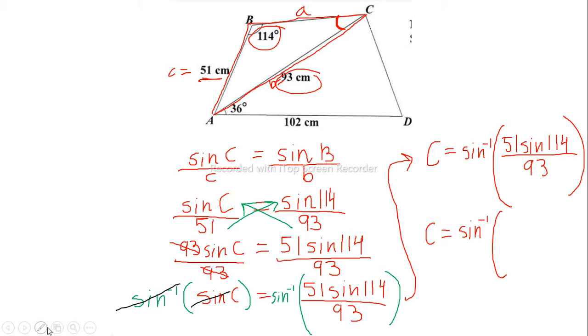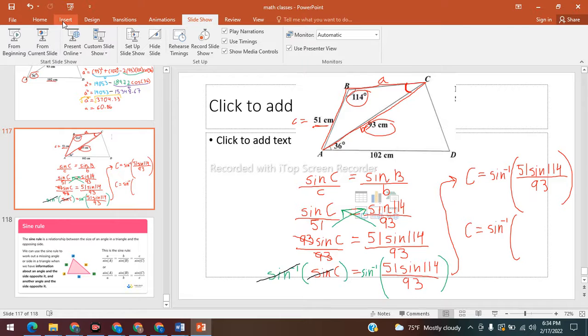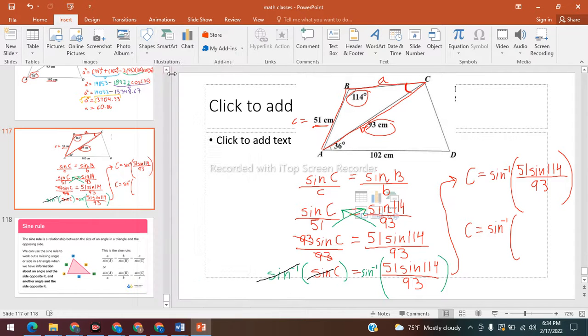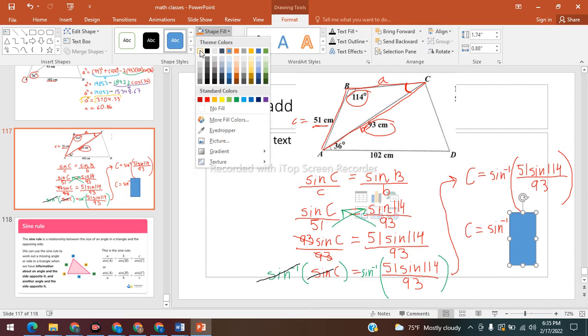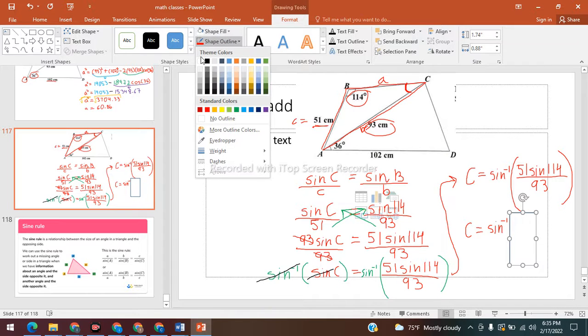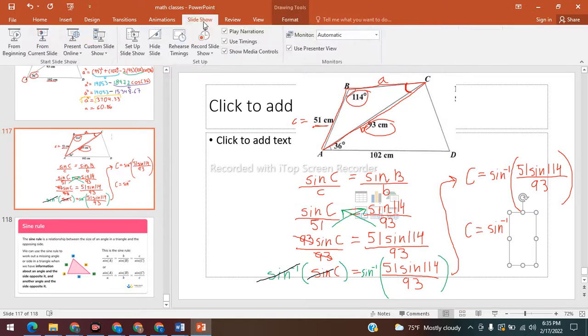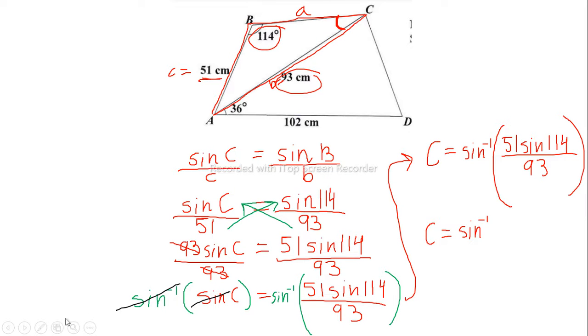So this is going to be equal to, open bracket, 0.5, close bracket.